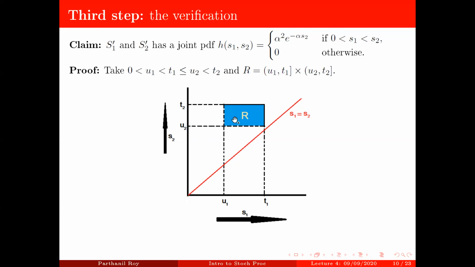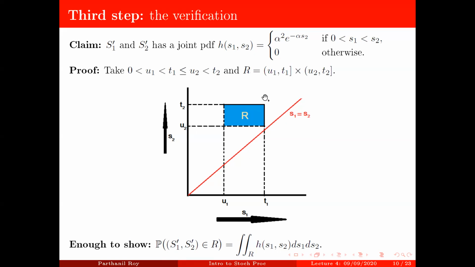For such a rectangle R, we have to show that the joint probability of S1 dash and S2 dash being inside R is given by the double integral over R of h S1 S2 ds1 ds2. Okay. This would be enough.